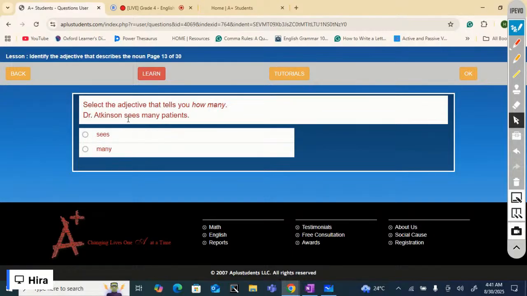Dr. Atkinson sees many patients. Select the adjective that tells you how many. Please answer if you know.